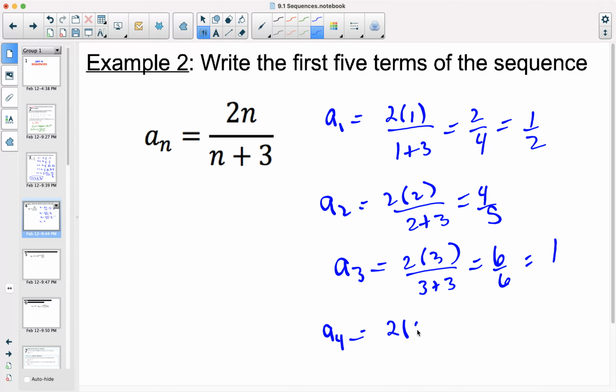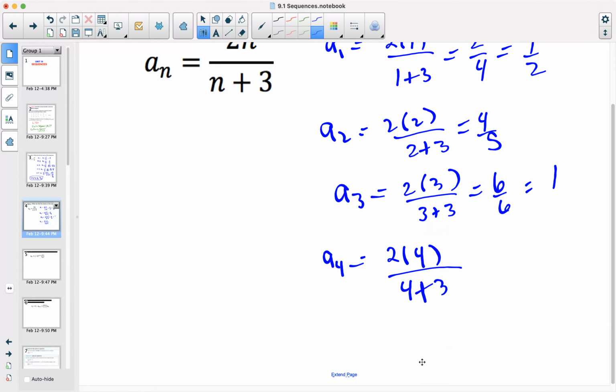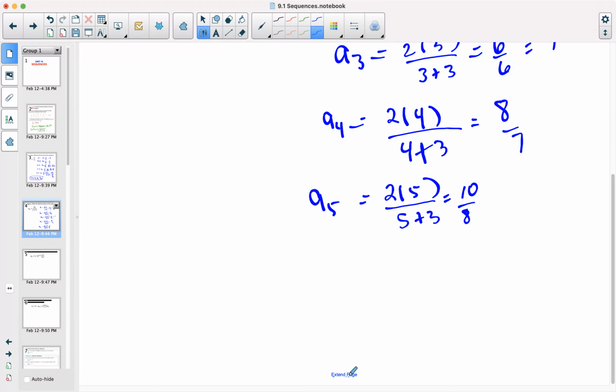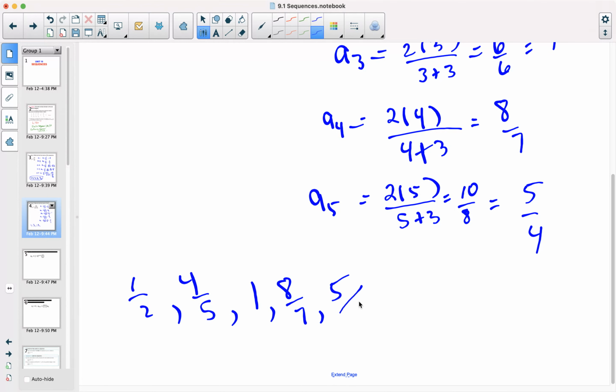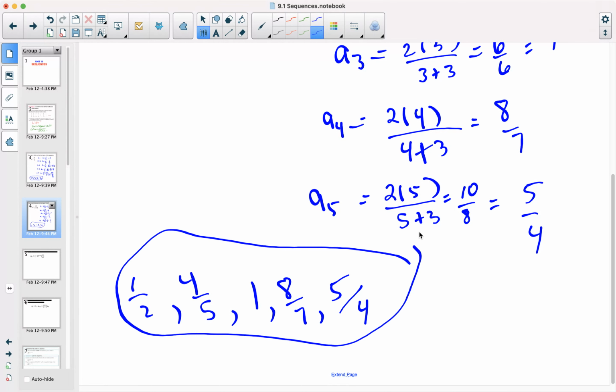The fourth term, 2 times 4 over 4 plus 3, is 8 over 7. The fifth term, 2 times 5 over 5 plus 3, that's 10 over 8, which reduces to 5 over 4. So here we go: 1/2, 4/5, 1, 8 over 7, and 5 over 4.